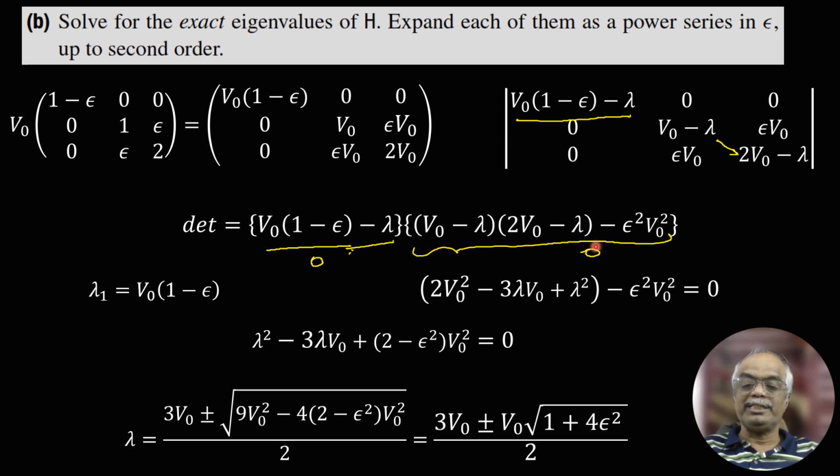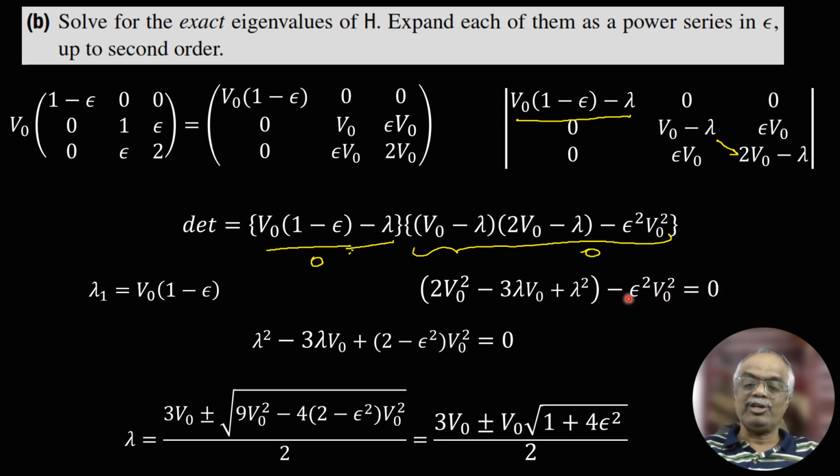Then what about the other eigenvalues? Here you can multiply this. If you multiply V naught minus lambda by 2 V naught minus lambda, you will get 2 V naught squared minus V naught lambda minus 2 V naught lambda, so naturally you will get 3 lambda V naught, plus lambda squared, minus epsilon squared V naught squared, which must be equal to 0.